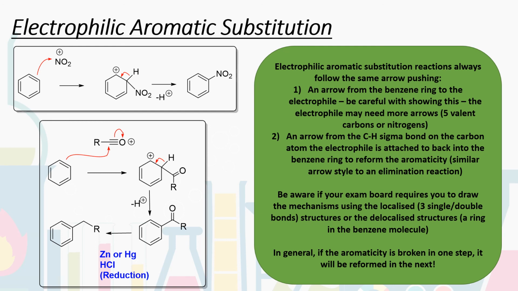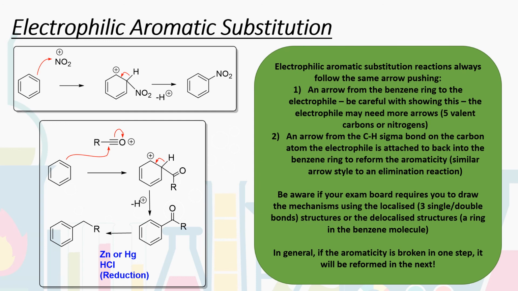So again, you can imagine it being very similar to the electrophilic addition reactions we've just seen. When we attack this NO2, well, the NO2 will be attached onto one of the carbons where that double bond was. The other carbon will now have a positive charge on it. It's electron deficient.